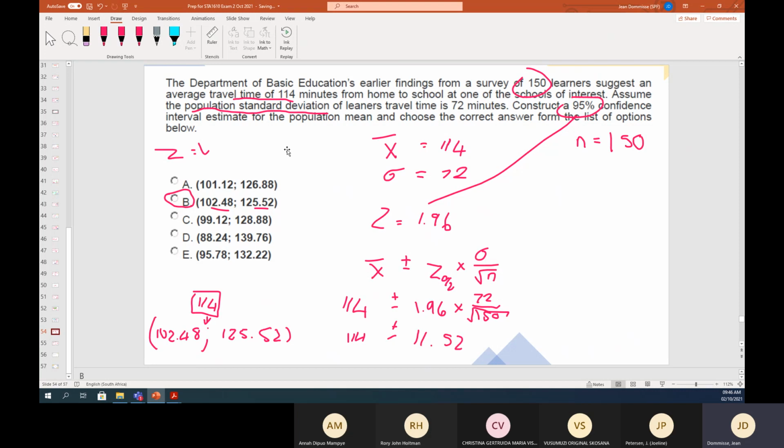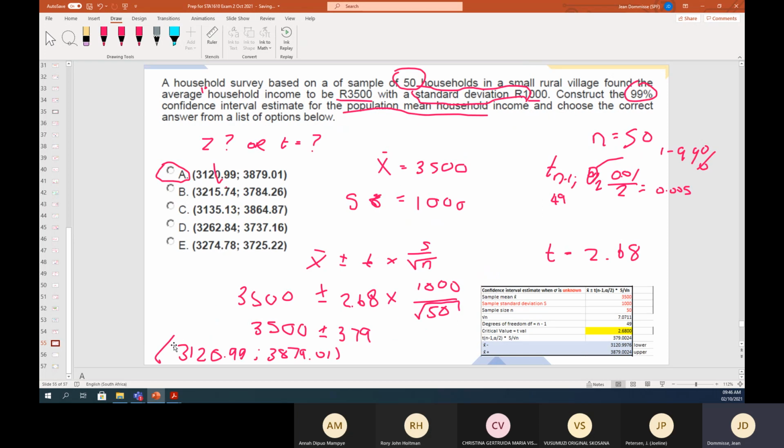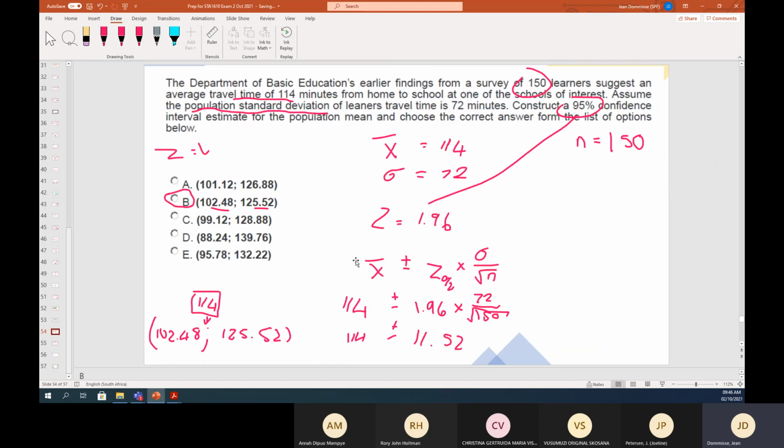So if you get more than one of these, the next one would then be the proportion or the T. So in the exam, you will not get 2 questions that you need to work with a Z, unless the other one was the proportion. So that can also nearly be an identification for you when you work with it.